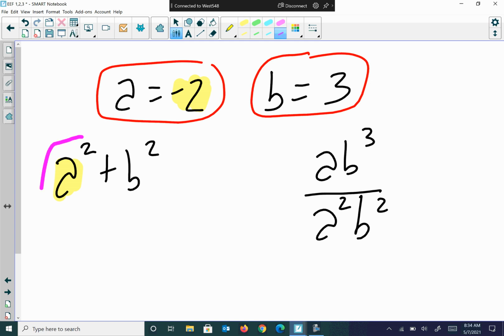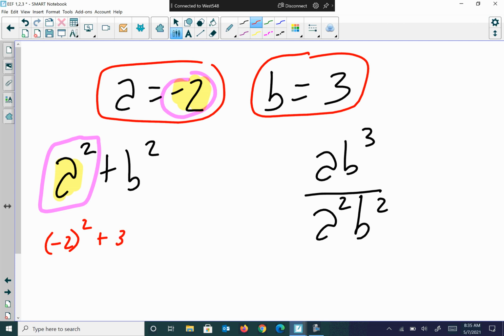What is being squared here? The A is being squared. What is A equal to? -2. So what am I squaring? -2. So I'm squaring -2 because I plugged it in. Okay? Plus, my B value is just 3 squared. So (-2) squared is 4. 3 squared is 9. So that just comes out to 13.